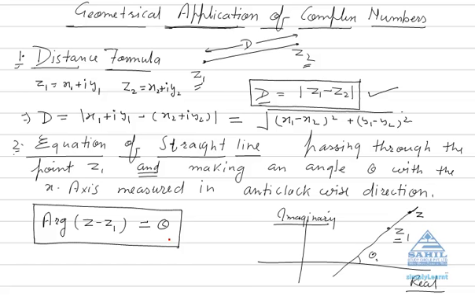If you want to find the exact format of this, then you put the values of z and z1: z equals x plus iota y and z1 equals x1 plus iota y1. If you replace these values in the formula, you will get the equation of the straight line in coordinate form.